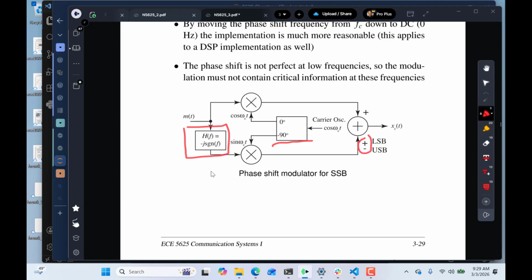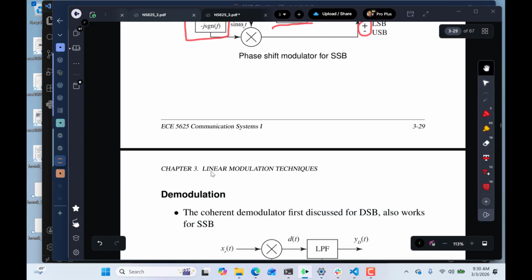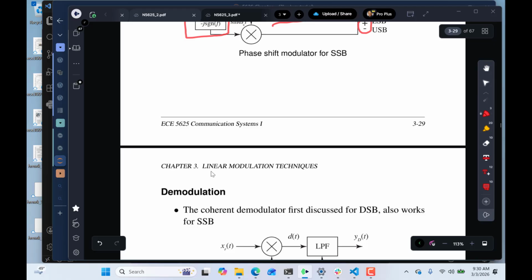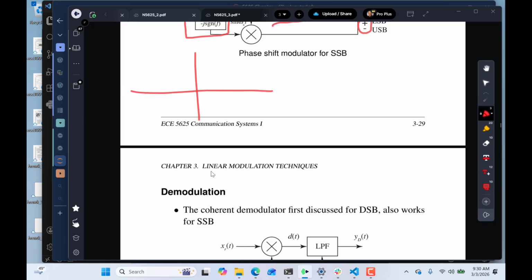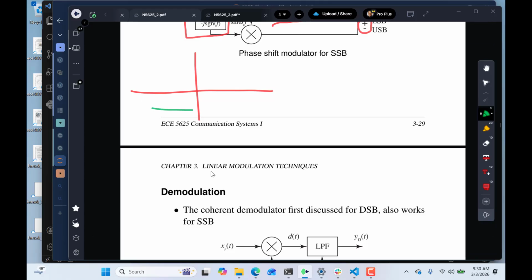What's hard about building this is getting the filter that will not damage DC. So the signum function filter. That's the signum function, right?